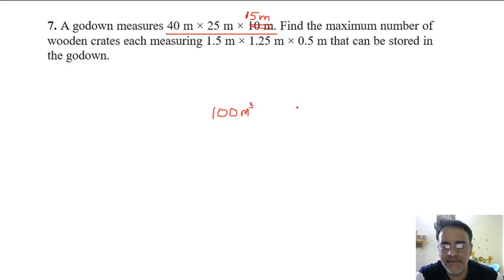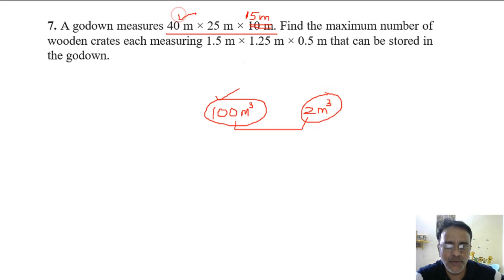Suppose the volume of that book or any other small box is 2 meter cube. So how many boxes can you keep in this box? 50. Right, this divided by this. Similarly, here also what we have to do is volume of godown divided by volume of one wooden crate. The same concept we have to use.